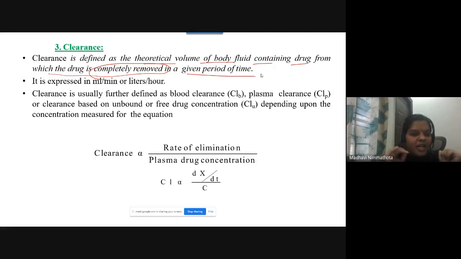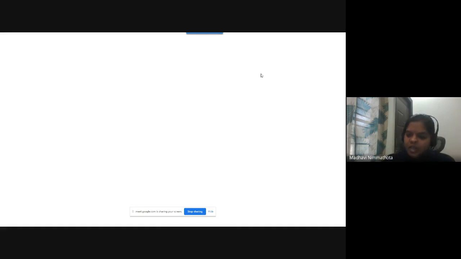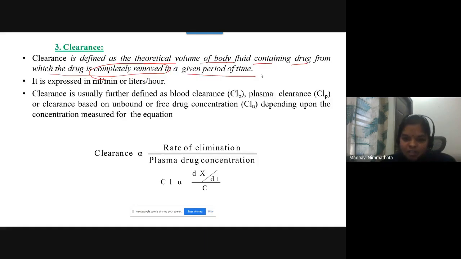In your textbooks they directly give this equation: clearance is directly proportional to the rate of elimination divided by plasma drug concentration. How much of the drug will be eliminated depends upon the availability of the drug in the plasma.